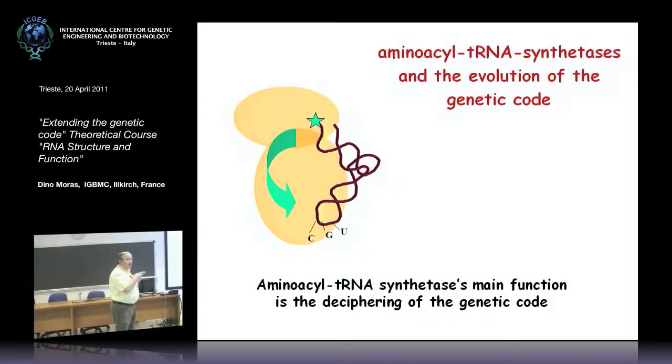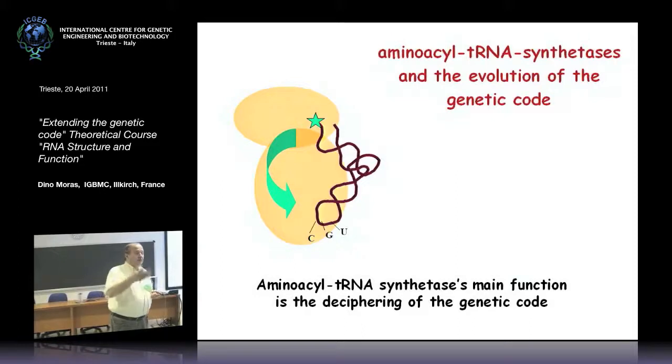We are going to analyze today's genetic code, which is the end of a long process of evolution, and the key players in that process for the translations are the amino acid tRNA synthetase, so now they are proteins which are doing the work, and of course the other key player is transfer RNAs.